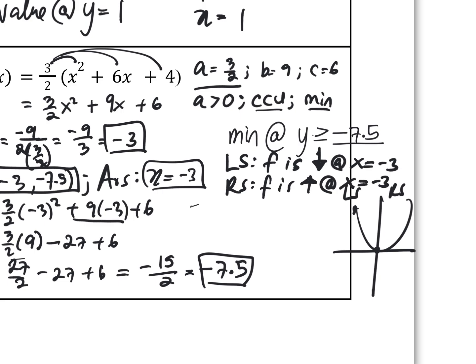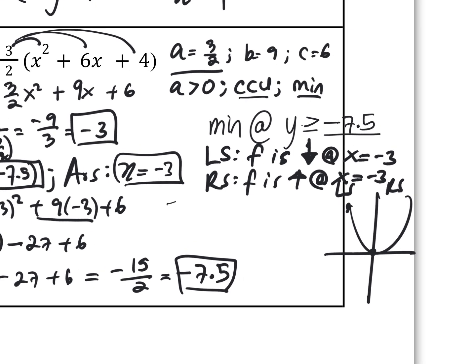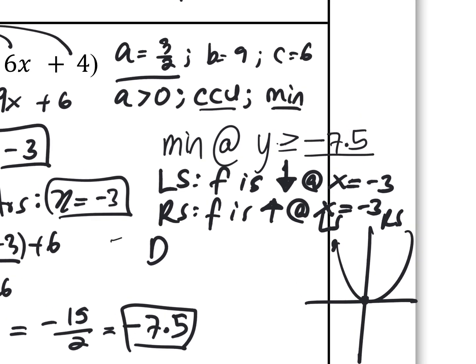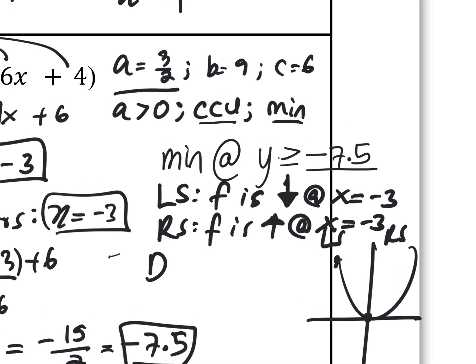Okay, what else? Our domain. There's a little bit of a mistake that I made in here. I should not be putting the minimum as greater than or equal to. Let me just correct that one.